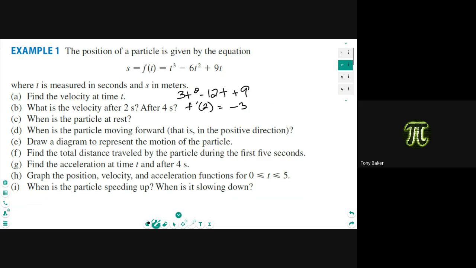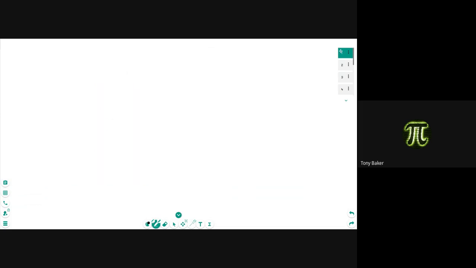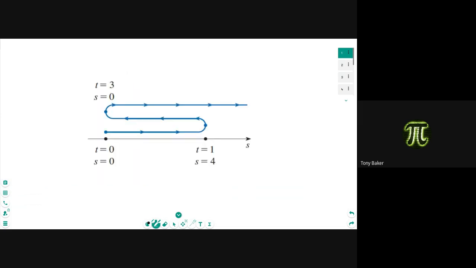But with velocity, it can be negative, because that would be going the opposite direction. And if you look at 2 seconds, so if that's 1 second, then we're going backwards at 2 seconds.